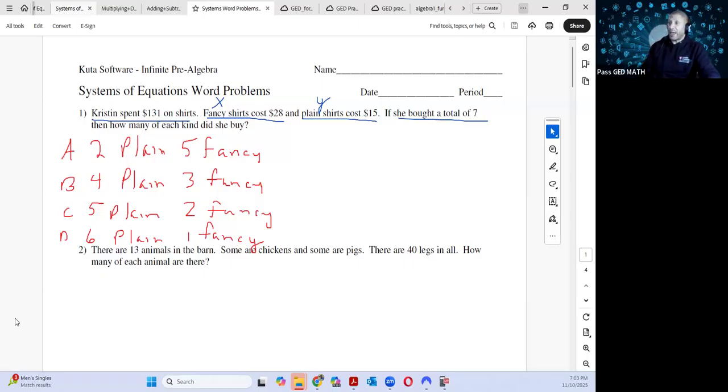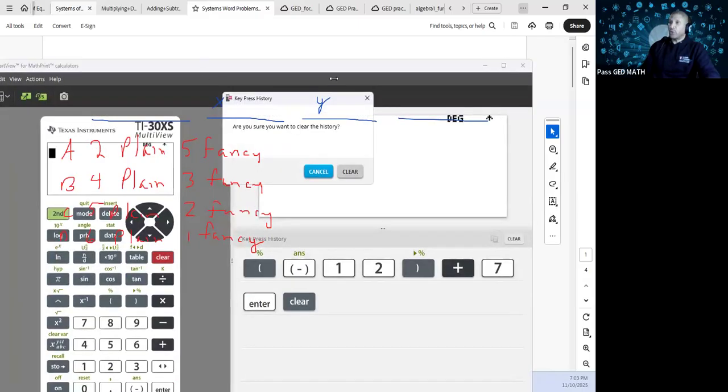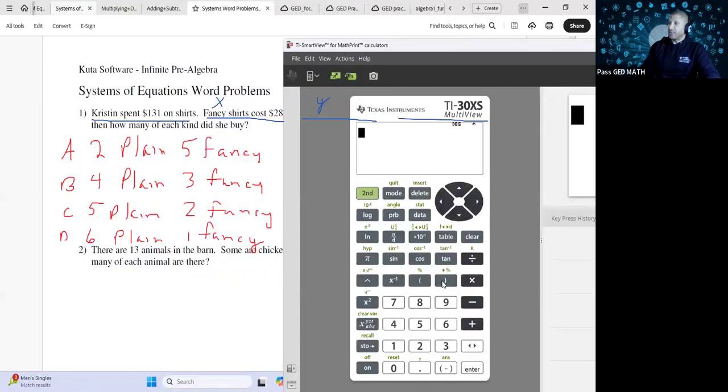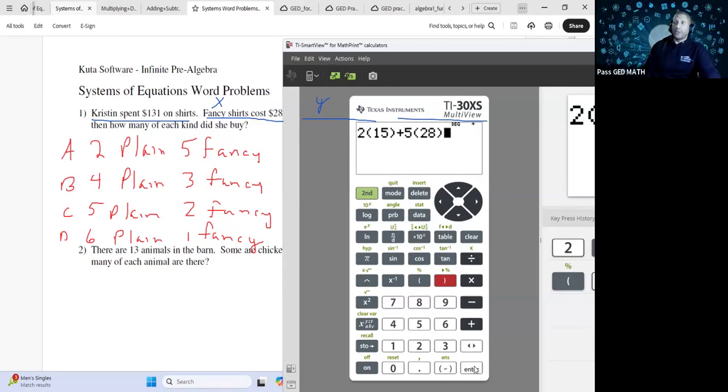So I'm going to grab my calculator and plug those items in for each multiple choice. For multiple choice A, 2 plain costs 15, plus 5 fancy that costs 28. I know this is the right answer if I get what number? 131.